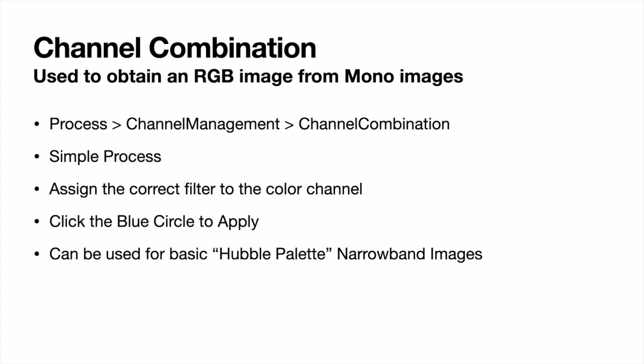It's necessary to assign the correct coloured filter to its appropriate colour channel, and then you click the blue circle to apply. This process can also be used for a basic Hubble palette narrowband image if you have hydrogen alpha, sulfur and oxygen integrated images.